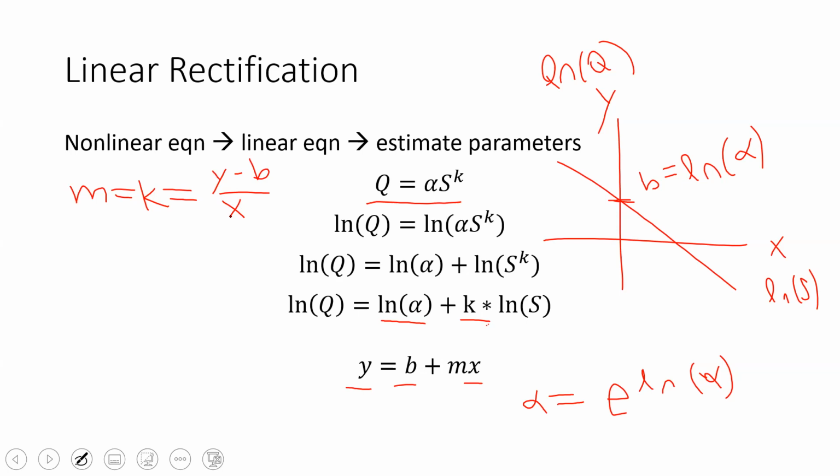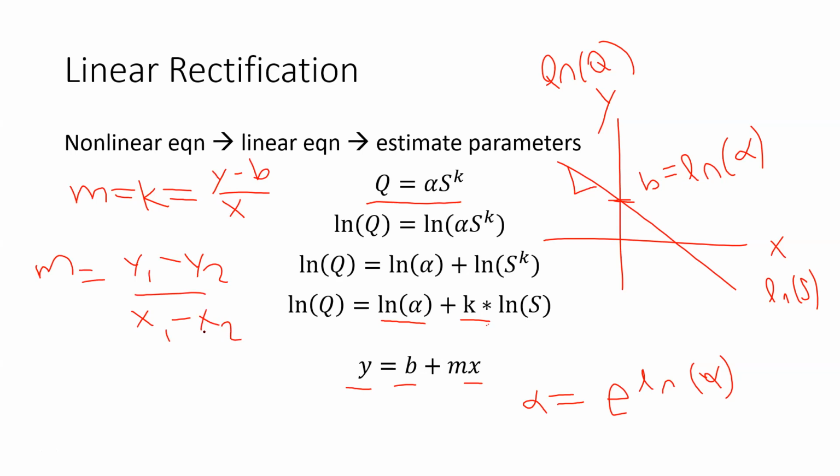If you don't want to do that, or if it just happens to be easier, you can use the rise over run method, where m is y1 minus y2 over x1 minus x2, and that should give you the same answer.